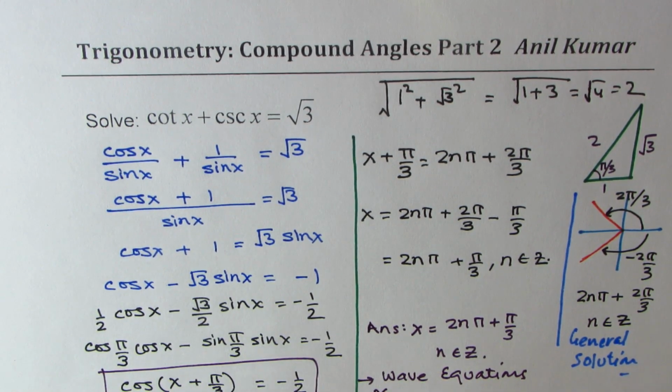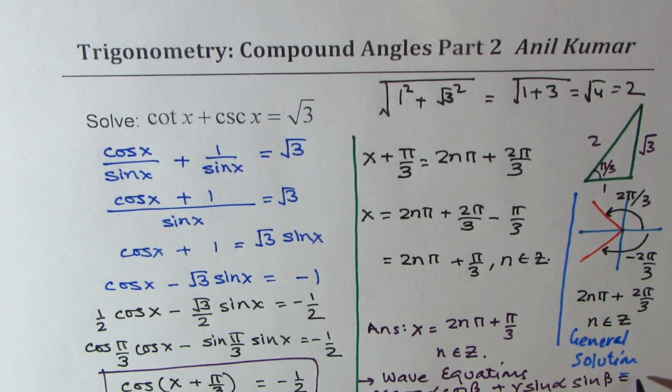So we are trying to write our equation as r of cos alpha times cos beta, plus or minus r of sine alpha times sine beta, equals some number k, right? So these kinds of equations, if written this way, can be solved with the compound angle formula just as we did here. So I'll provide you with a link where you will understand how to use a wave equation to solve the same question. Perfect? I hope that makes sense.